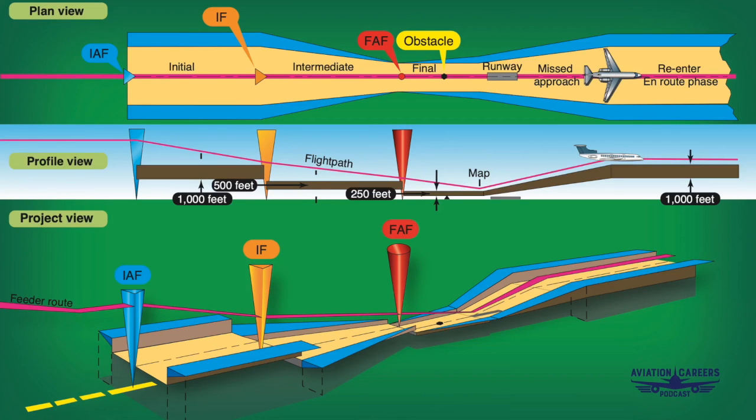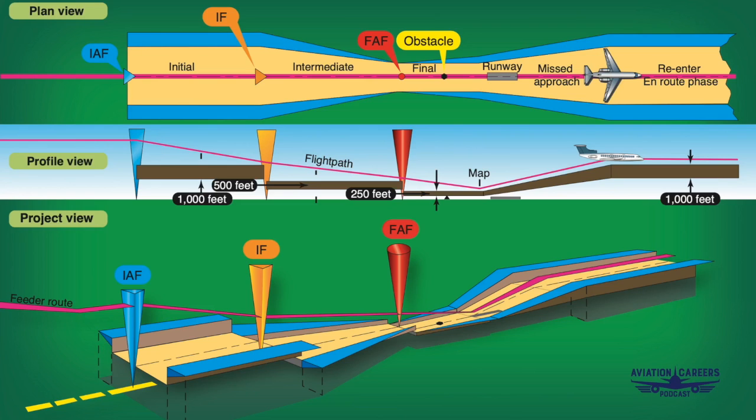But before we look at that example, just as a reminder, all these different segments of the approach, the best way to describe it, I think, is looking at a picture. It really helps me to look at your feeder route, your initial approach fix, and that's your initial segment. It is from the initial approach fix to the intermediate fix.